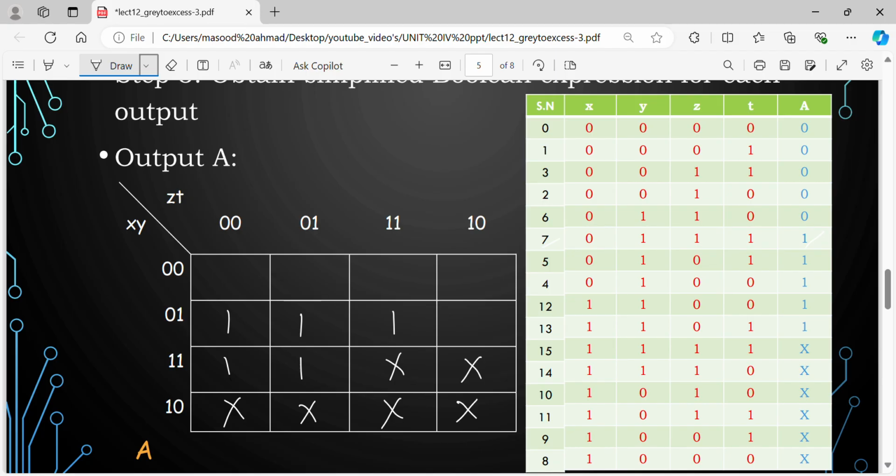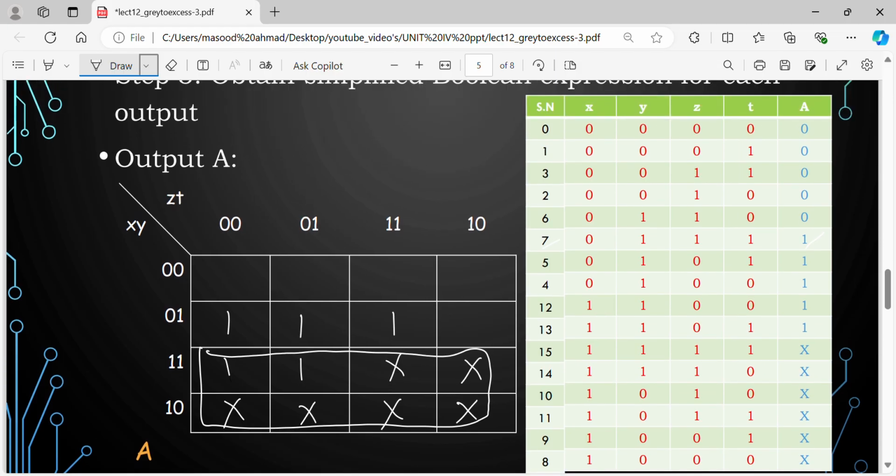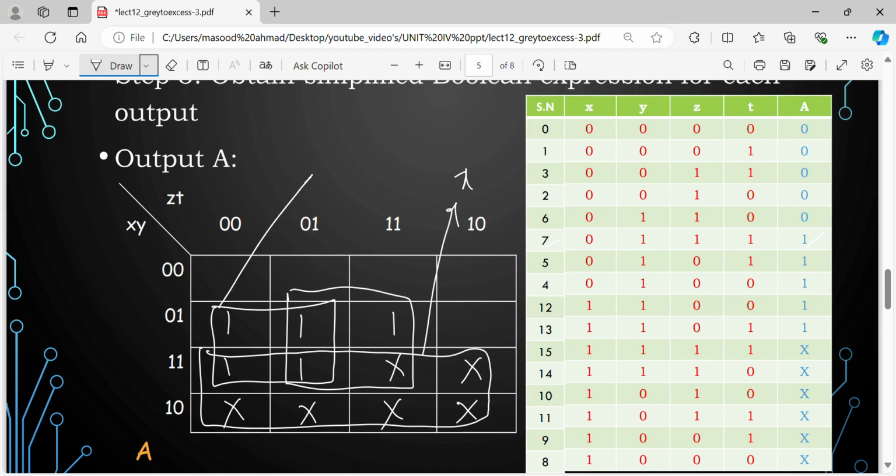So what we try to do is combine the terms. One such possibility of combining is this one and this 4. So this 4 you can combine here, and similarly you can combine this 4. We will write the expression for each. For these 8 ones, the expression is x. Then this 4 combination turns out to be y z bar.